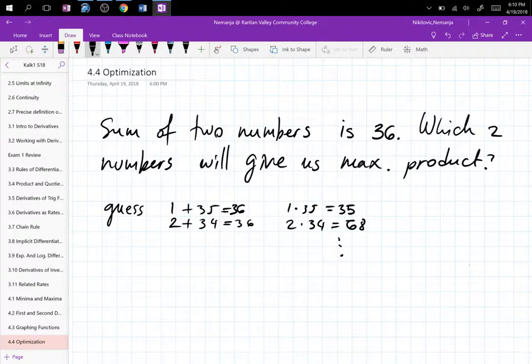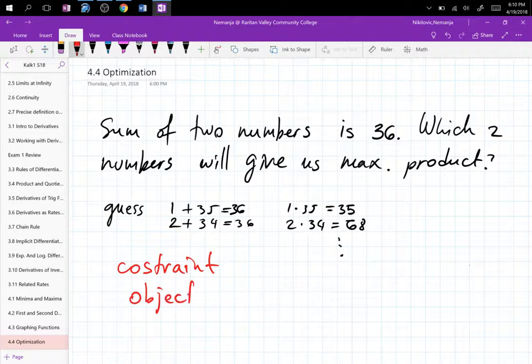And the answer is clearly yes. I'm going to create two equations. One equation is going to be called the constraint, and the other one the objective. Constraint equation, just read its name.